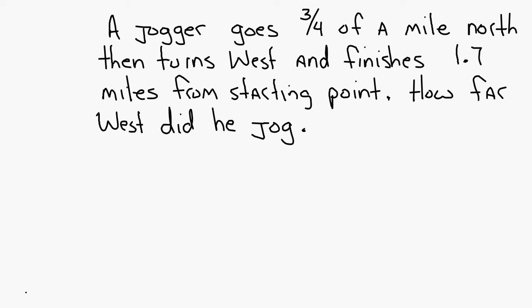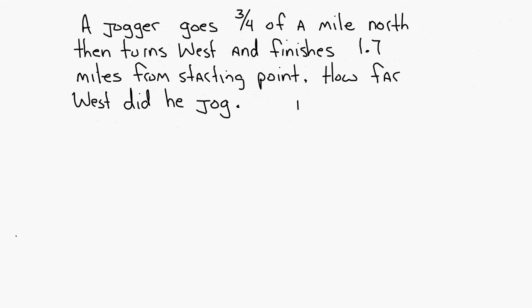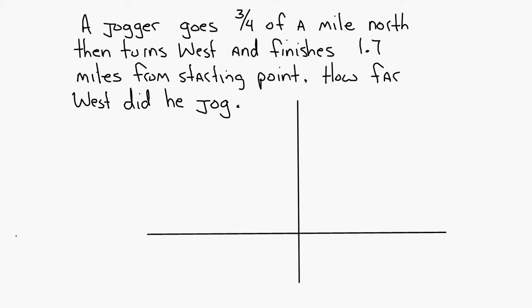The first thing you're going to do is you're going to picture the coordinate plane as a compass. And here's what it would look like. If this is your coordinate plane, okay? And now, think of a compass where this is north and this is south, and here's east and west.